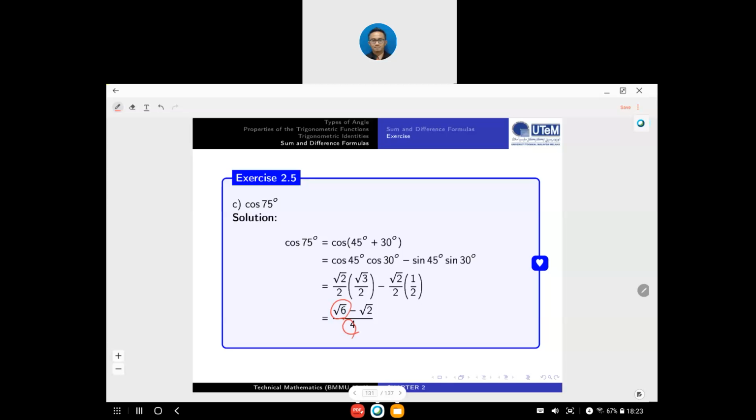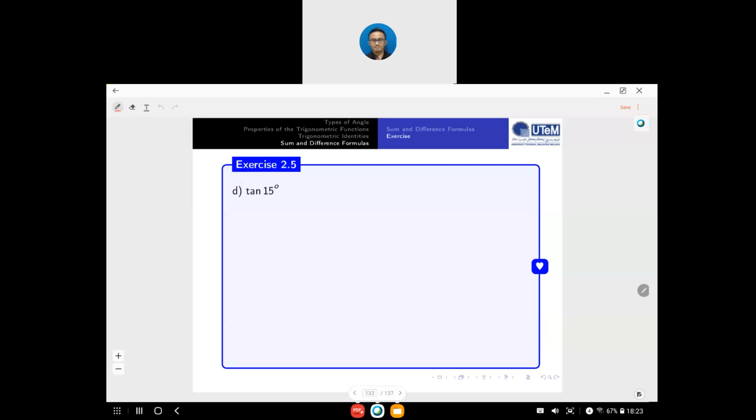And then the last one, the solution for question D, tangent 15. Tangent 15 we can get from 45 degrees minus 30 degrees. So using the tangent formula, we can get this equation. Using the special triangle, you find tangent 45 and tangent 30. Then substitute in this equation, and you get (1 minus root 3 over 3) divided by (1 plus 1 times root 3 over 3).